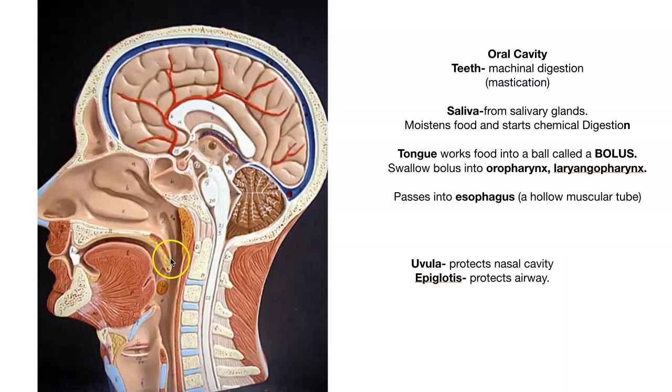The uvula, remember this uvula up here, off of the hard palate, will go up and prevent food or drink from going up in your nasal cavity. And as you swallow, the epiglottis will come down, cover your airway, and the food will be directed down into the laryngopharynx and then back down into the esophagus. So that's basically all review for you guys.